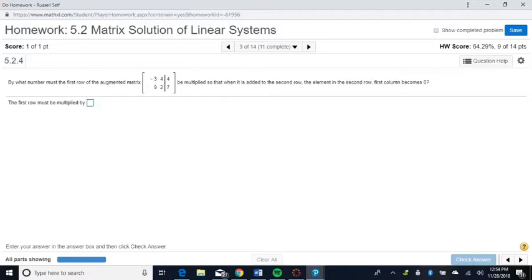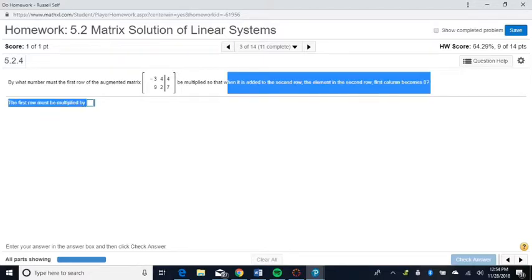It says, by what number must the first row of the augmented matrix be multiplied so that when it's added to the second row, the element in the second row, first column, becomes 0? All right, so I want, in other words, to add these two things together and get a 0.